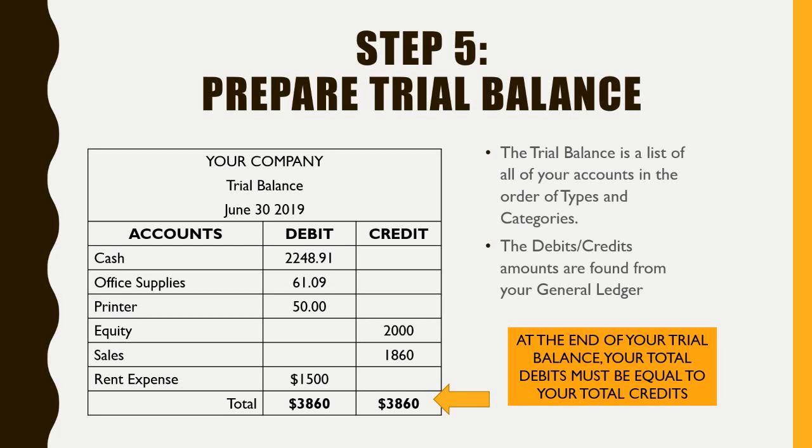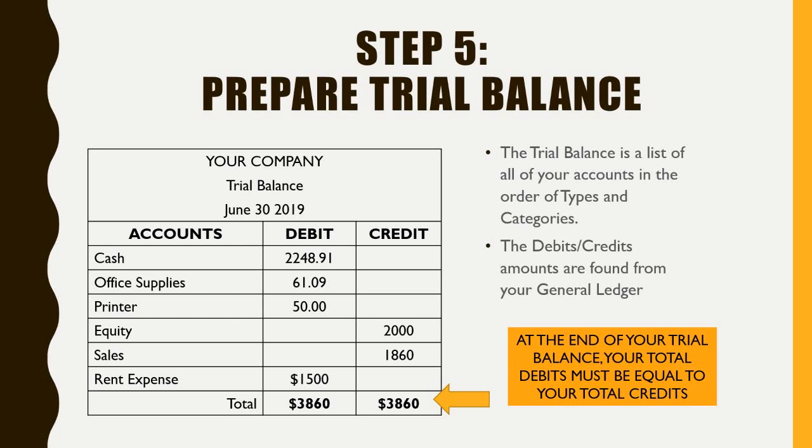Now, a lot of times the reason why you would have an imbalance in your trial balance is due to human error, right? I may have journalized that I had $61.09, but I could have easily transferred that amount into my ledger as $61.06. Okay, so there are many reasons why we can have imbalanced trial balances because of human error.